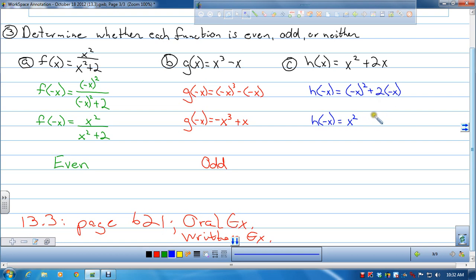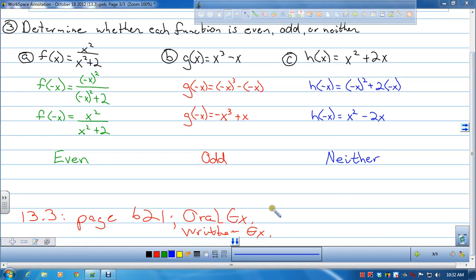But 2 times the negative x would be a negative 2x, which is the opposite. So this term is the same. This term is the opposite. So it's neither the same nor the opposite, right? I've got one piece that's one and one piece that's the other. Therefore, this would be neither even nor odd. So it is not symmetric about the y-axis or about the origin.